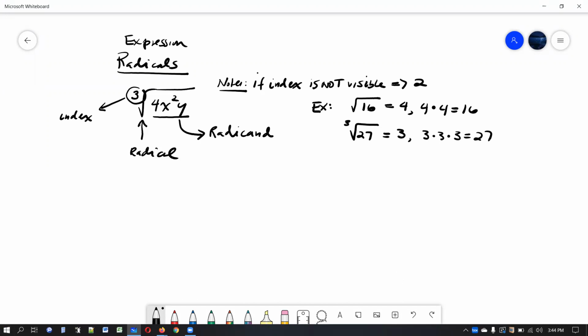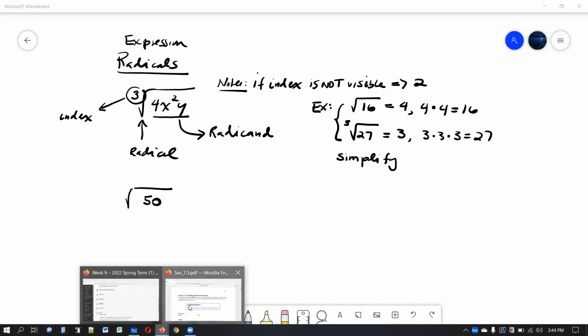Now, what we need to do is the process of simplification. But what happens when we have something like square root of 50? So this is what we need to discuss right now.